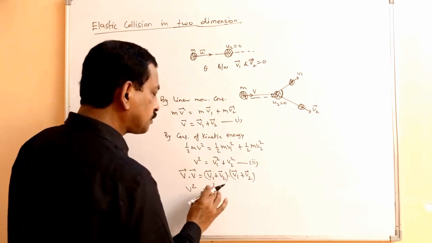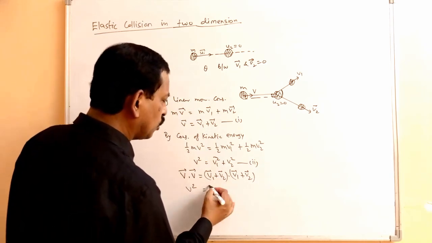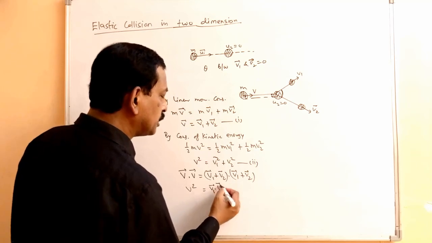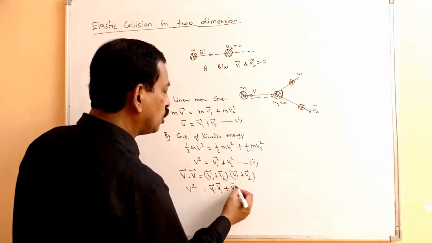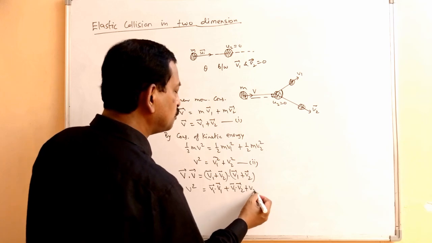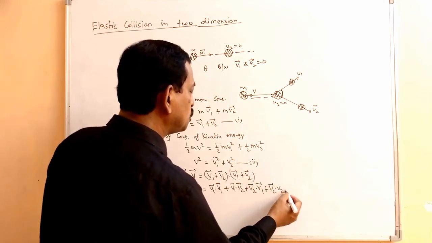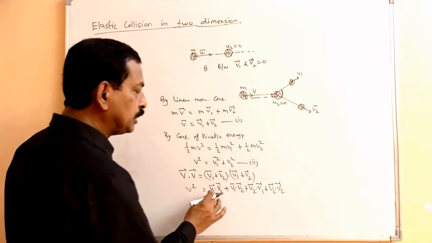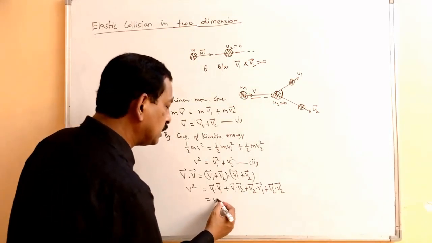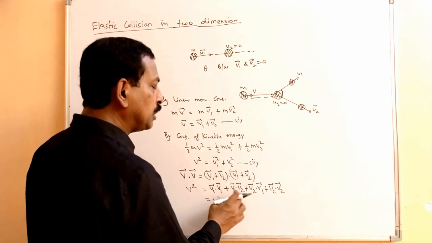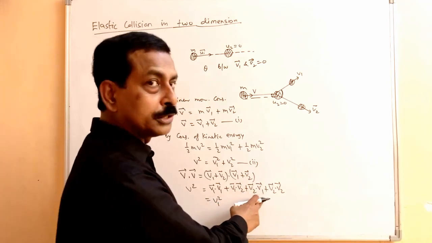Then, you can write in one more line there, v1 dot v1 plus v1 dot v2 plus v2 dot v1 plus v2 dot v2. Now you see v1 dot v1, how much it will be? v1 square. v1 dot v2, v2 dot v1.